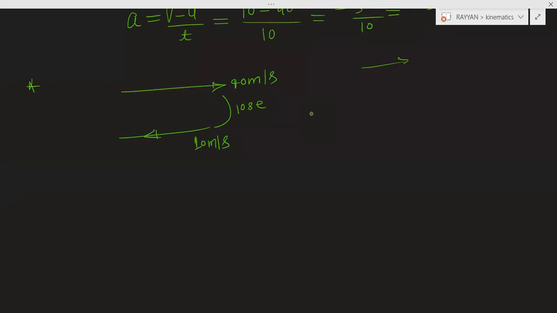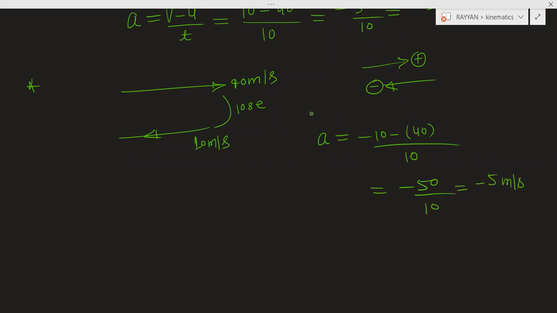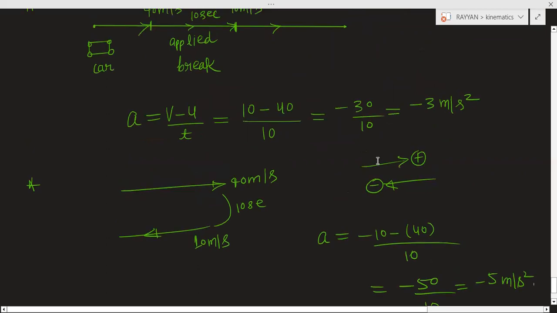You have to choose one direction as positive and the other as negative; you can take any direction positive, any direction negative. Now the acceleration will be final velocity, which is -10, minus initial velocity, which is 40, divided by 10. So here you will have -50 by 10, which means -5 meter per second square. So you have to keep in mind the direction.